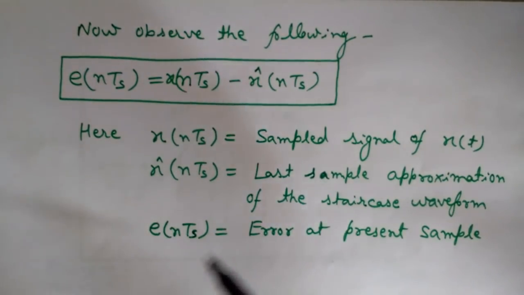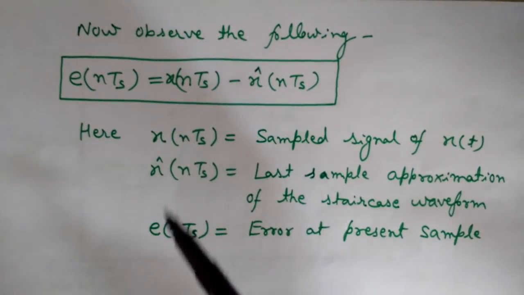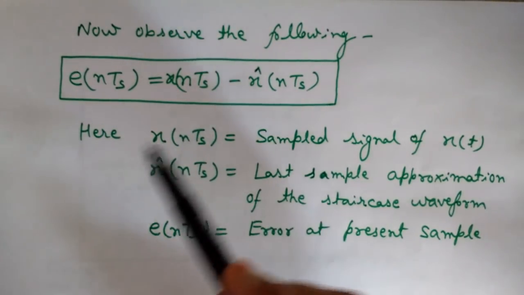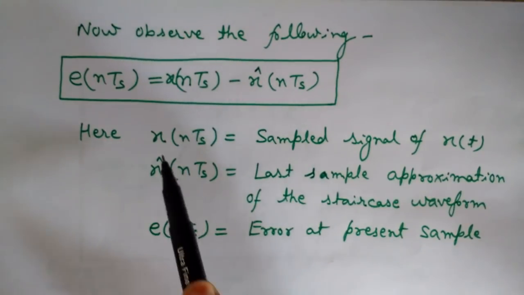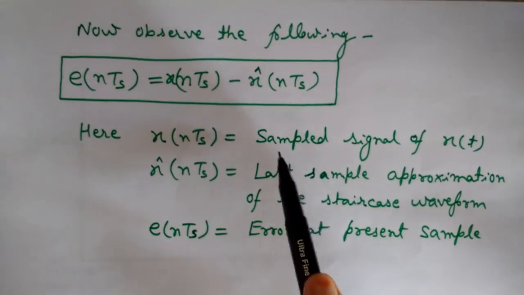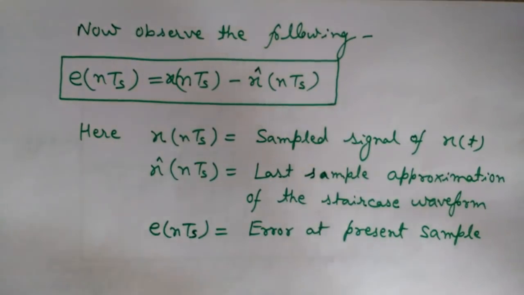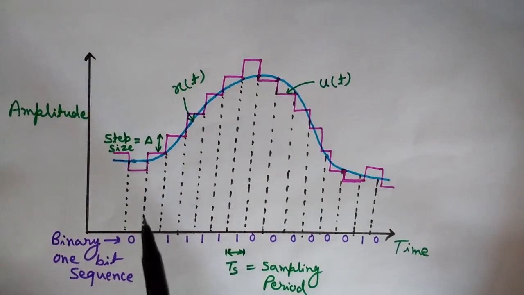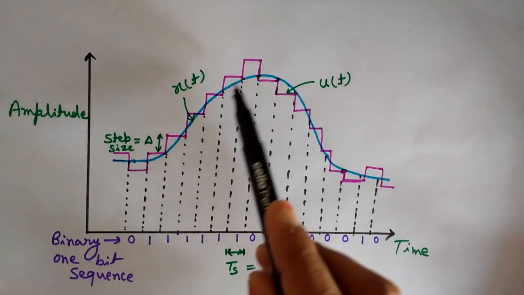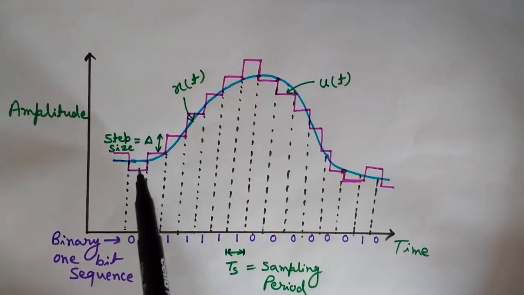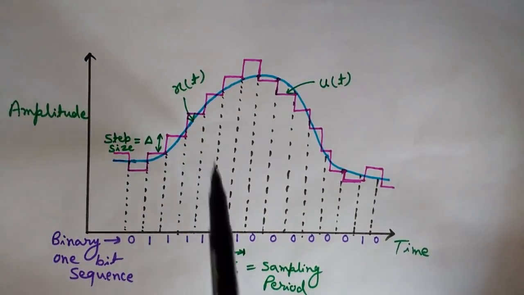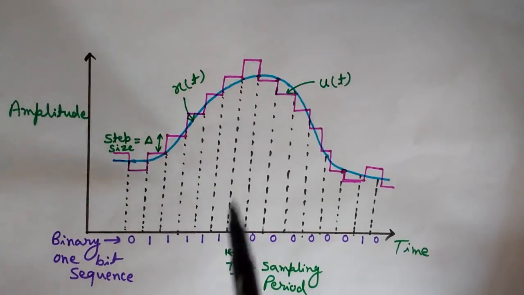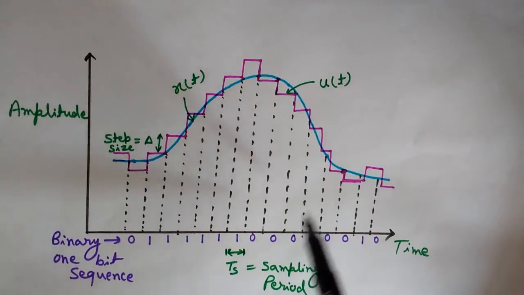I will explain all these three terms in the waveform. x(nTs) is nothing but the sampled signal of x(t). Here you see that this analog signal in blue has been sampled. These are the samples. These vertical lines are cutting it into various samples in the time domain.